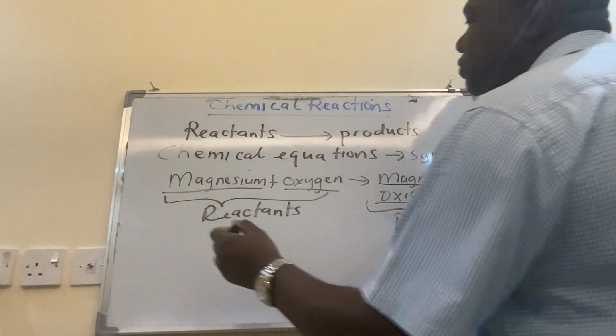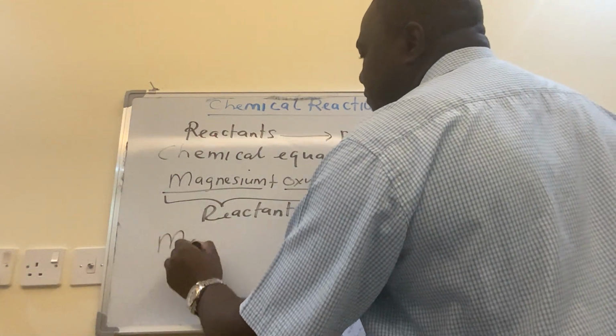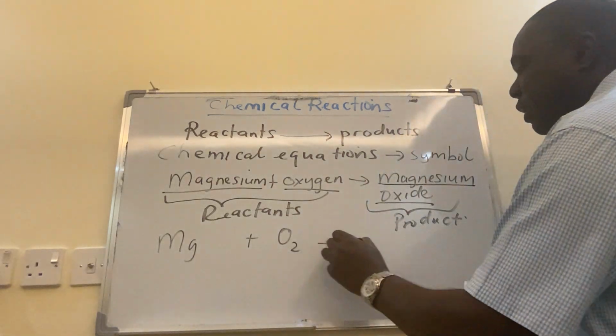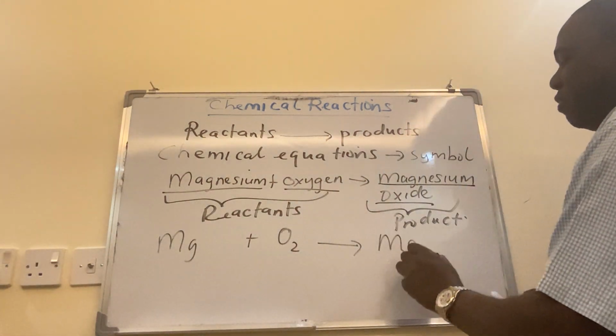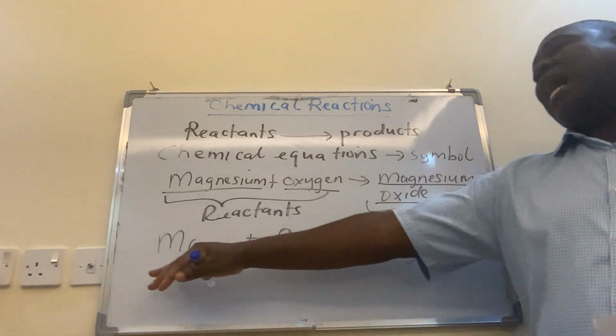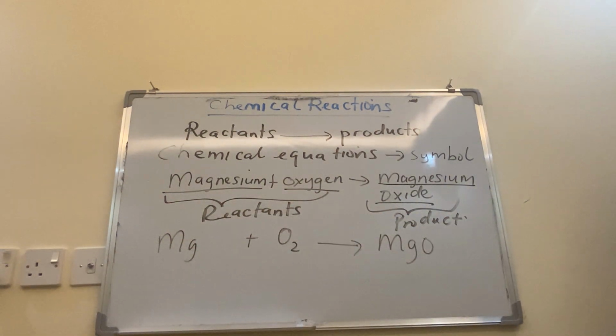We are going to write Mg, and we are going to write O2, and the formula for magnesium oxide is MgO, like what we learned in another lesson. But this is not acceptable to people studying chemistry.